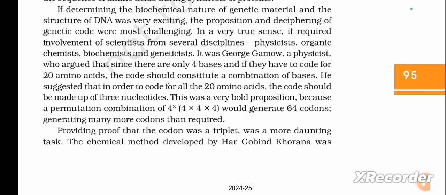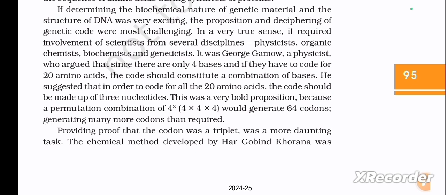He suggested that in order to code for all the 20 amino acids, the code should be made up of 3 nucleotides. This was a very bold proposition because a permutation combination of 4 to the power of 3 would generate 64 codons, generating many more codons than required.